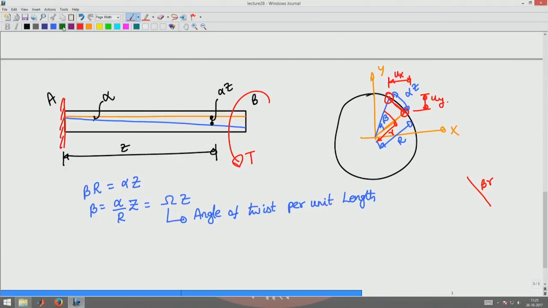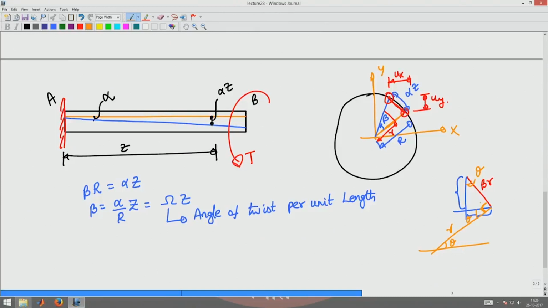Now I am interested in finding this distance and this distance. I know that this makes an angle theta and this distance is r. This is 90 degrees, so this angle would be theta, because of parallel lines.